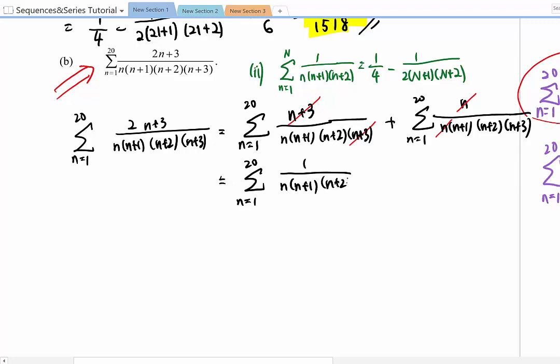Plus 1 and plus 2, summation 1 over n plus 1, n plus 2, n plus 3, right?